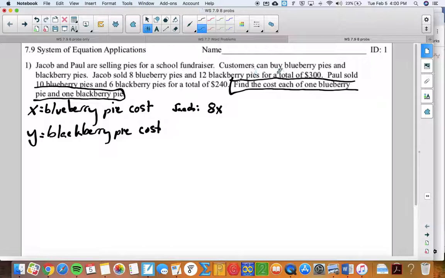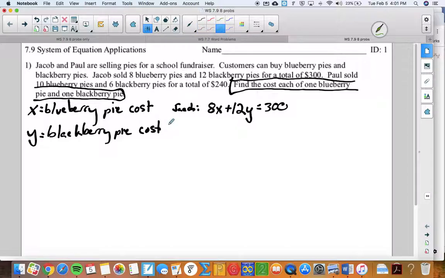And he sold 12 blackberry pies, so I take 12 times the cost of the blackberry pies, y. Now I add up the two amounts that he sold, the dollar amounts. That adds up to $300.